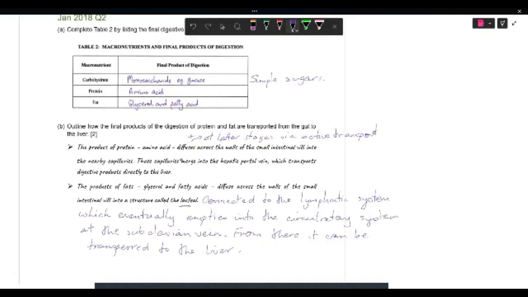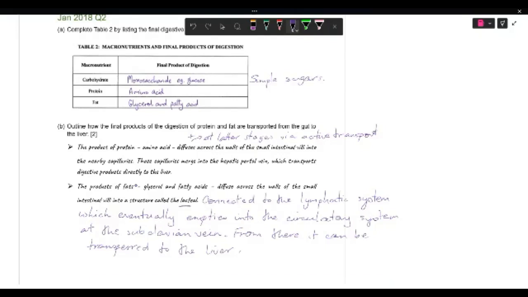And these capillaries will merge into the hepatic portal vein, and that is going to transport these digested products directly to the liver. If you notice for the fats, however, the pathway is a little more convoluted in that it does not go into the blood capillaries from the intestines.